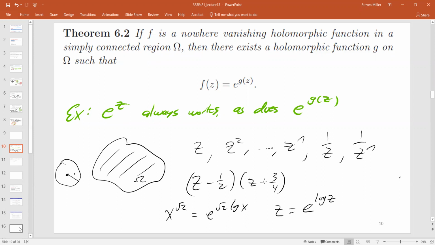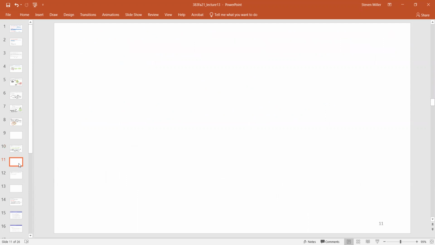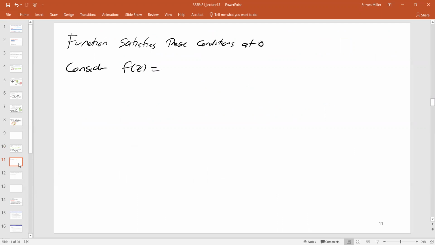So what function are you giving me? I don't know a function that exists, but some function that satisfies all those assumptions at 0. So consider f of z equals z plus 1, and let's let omega equal the disk centered at 0 of radius 1/2.